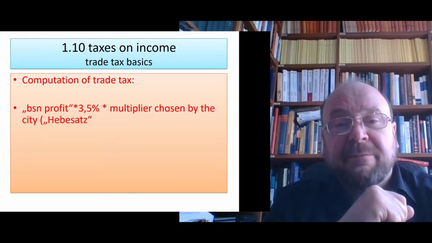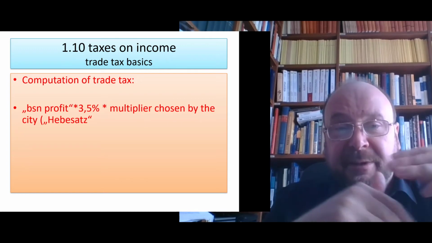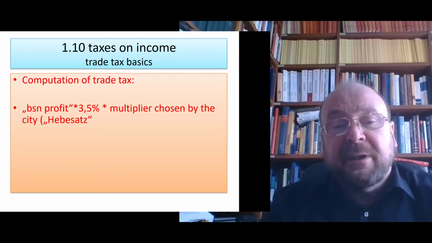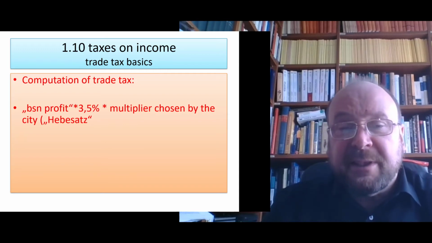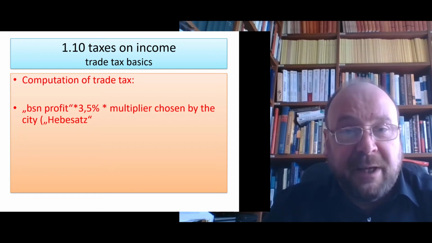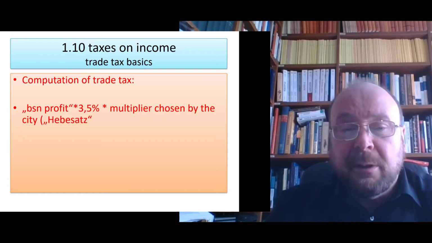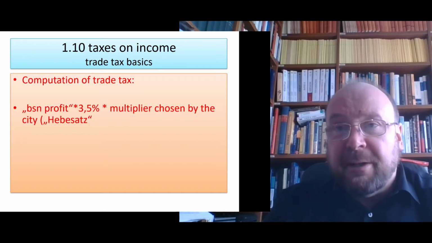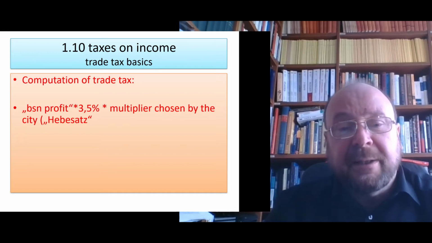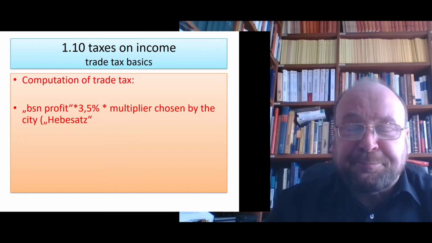And now you can't add these 3 bases without modification. So every one of the 3 trade tax bases was multiplied with a weighing factor. And 2 of them have been eliminated.